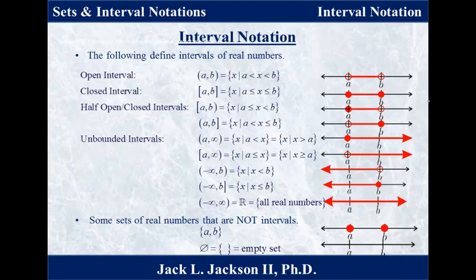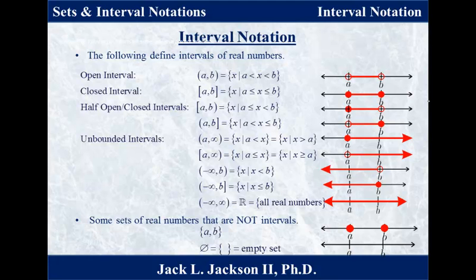Set builder notation for the same thing would be the set of all x such that A is less than x, which in turn is less than B. And so our graphic notation is, notice that the A and the B are not included, so we use these open circles to represent the fact that A and B are not included, but we shade everything between A and B. So this is everything between A and B, but not A and not B. In all these notations, A is on the left, B is on the right. So you can see that shaded on the number line.